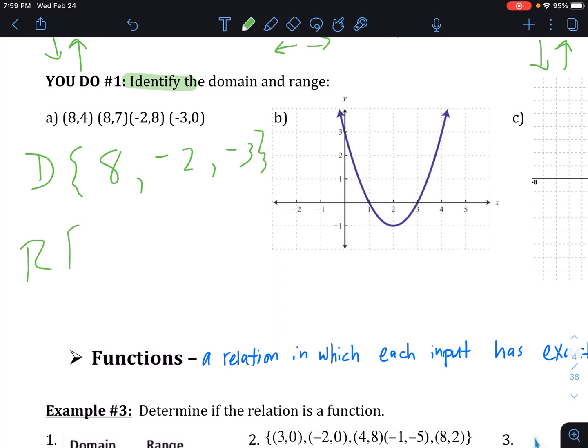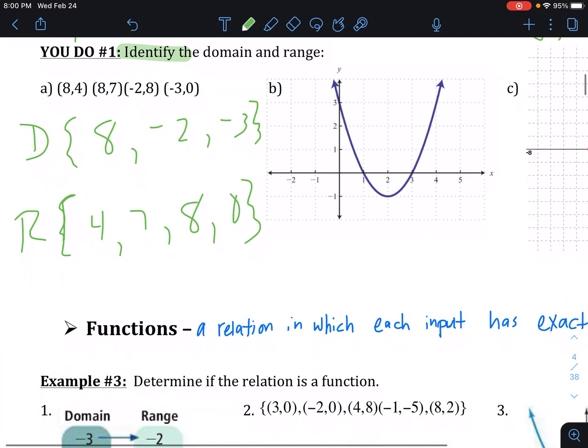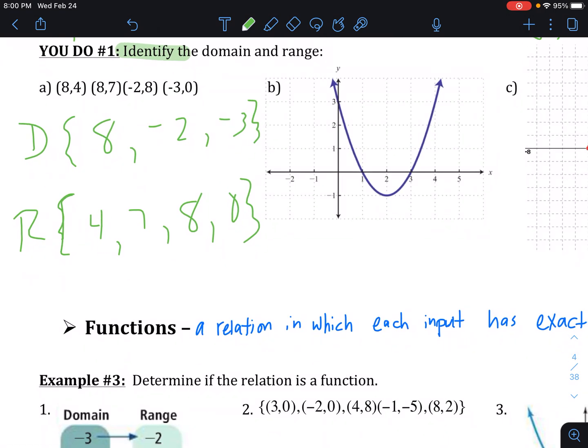And then the range, 4, 7, 8, 0. Now pause, if you didn't already, and try letter B on your own. Don't just wait for me to do everything for you. Always make sure you are trying and attempting math. Math is by doing, not just watching. Okay, so the domain, it's going left forever and right forever.